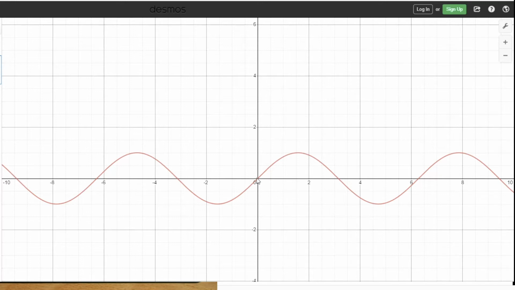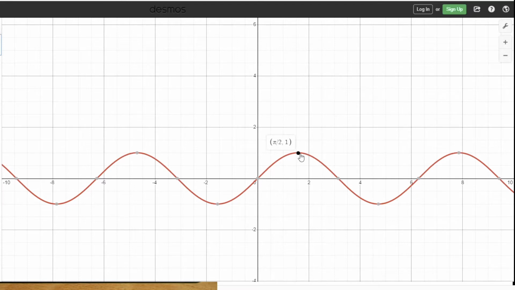Now, 0, 0 for sine. Sine of 90 degrees is 1, so that's actually pi by 2 in radians. So here, one of the coordinates is pi by 2, 1. That's just over 1.5 along, and I'm already up to 1.